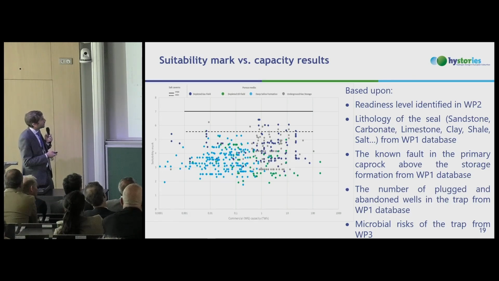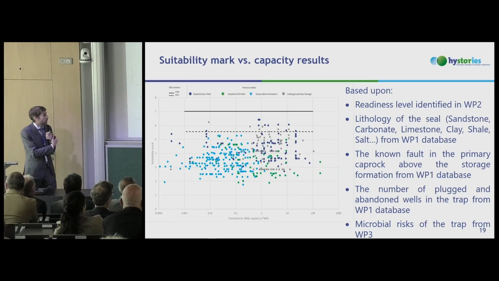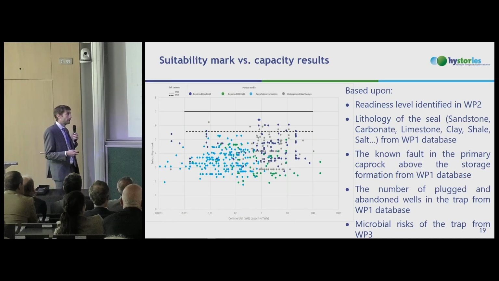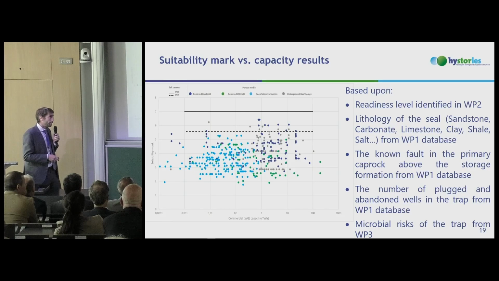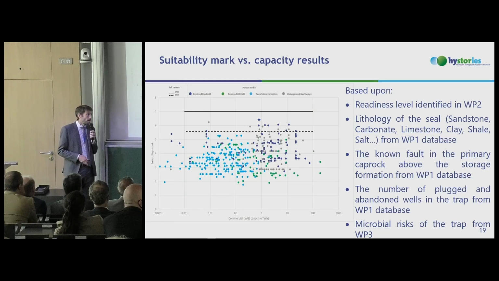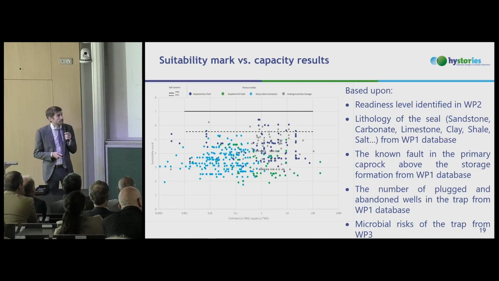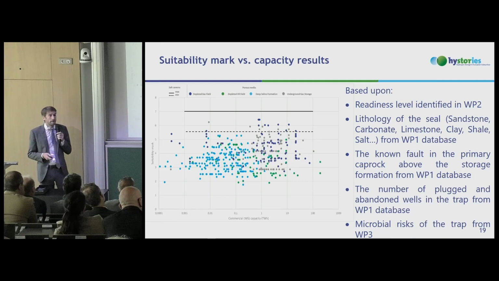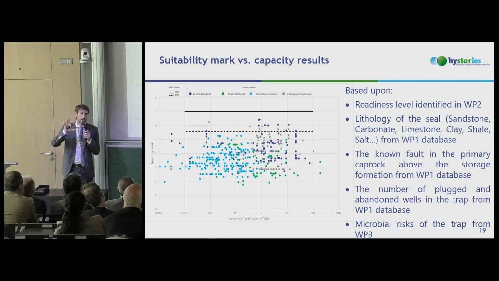So the information in here is mostly readiness level as identified in WP2, the type of lithology of the seal, whether it's salt, sandstone, etc., whether we know that there are faults crossing the reservoir, the number or presence of abandoned wells in this reservoir, and the application of the risk ranking chart of the microbiological one, with the data we had.